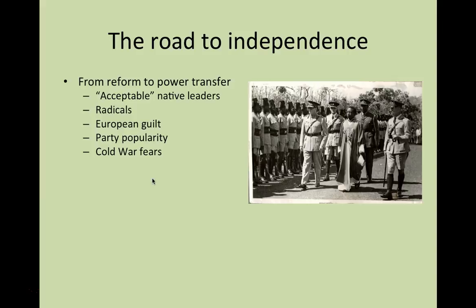So their initial strategies, as the Africans were calling for independence, was to reform the system. And this primarily with the goal of producing a situation that, even if they had to ultimately hand independence to the African country, it would remain loyal to the colonial metropole, and would continue as it had before to supply the resources that the colonial power desired.